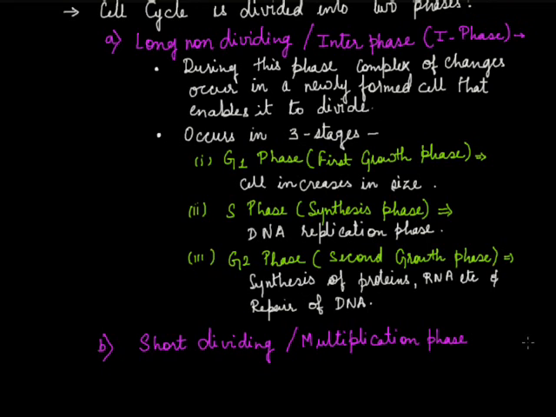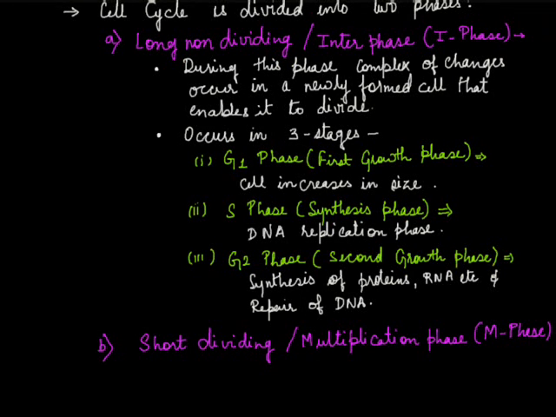In short, it is written as M phase. It is the shortest phase, because on the time scale of 24 hours, the M phase requires only 1 hour for completion, whereas the interphase requires approximately 23 hours for completion.